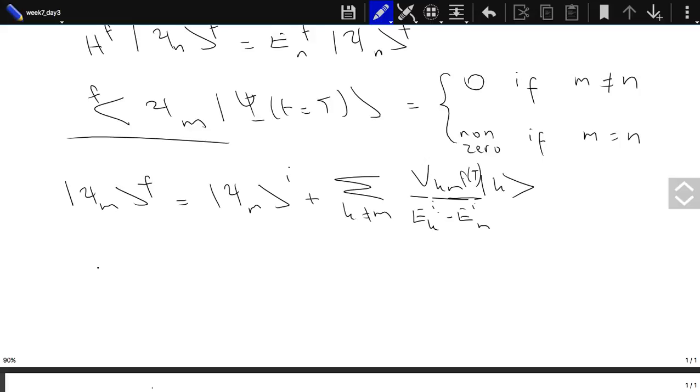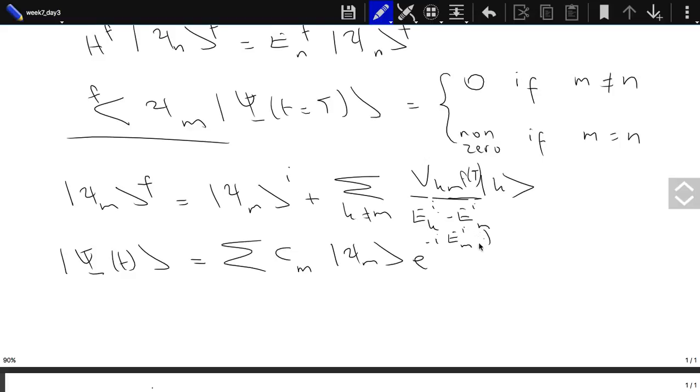Now we need this psi at t. This is what we need. Now if you remember, we can always write this as the sum over m of c_m psi_m e to the power minus i E_m t divided by h bar.